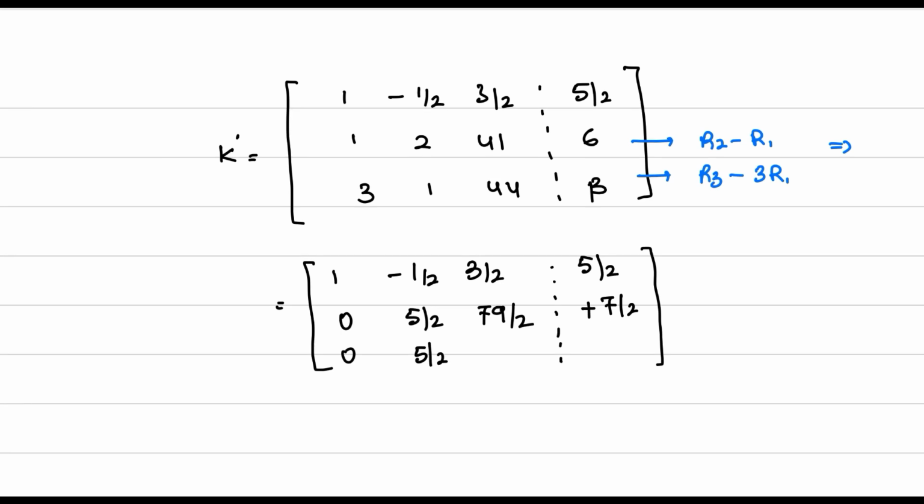Then 44 minus 3 into 3 by 2, 44 minus 9 by 2, which is 79 by 2. Then beta minus 15 by 2.